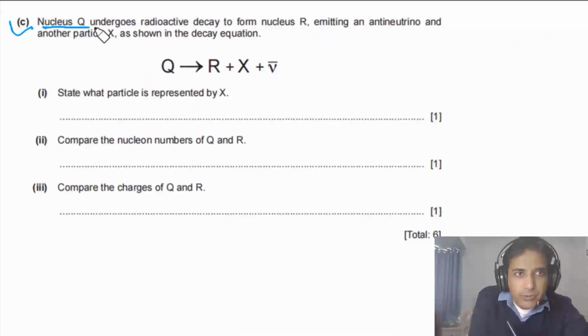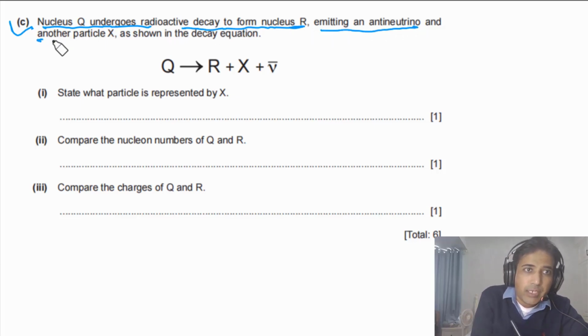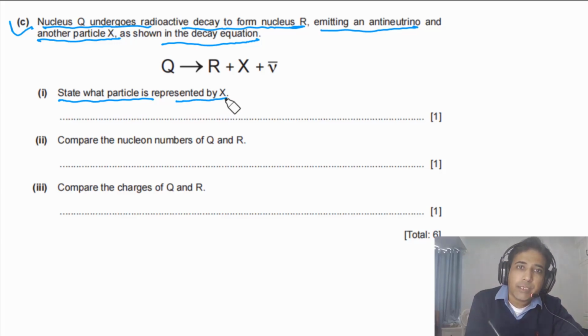Part C says nucleus Q undergoes radioactive decay to form nucleus R, emitting an antineutrino and another particle X as shown in the decay equation. State what particle is represented by X. So you need to understand, it is given to us that an antineutrino is emitted.